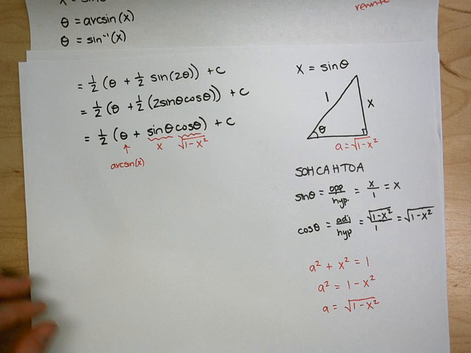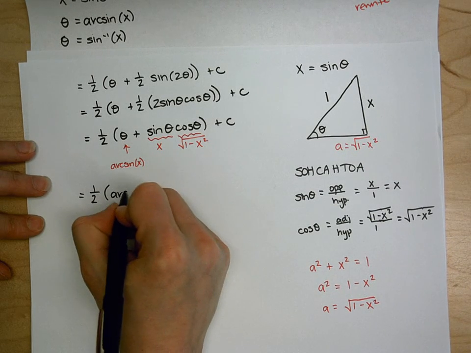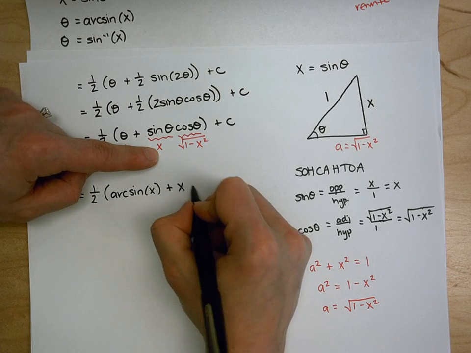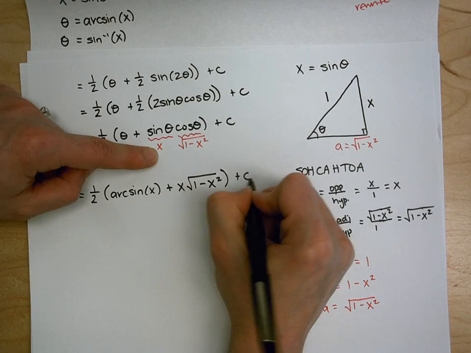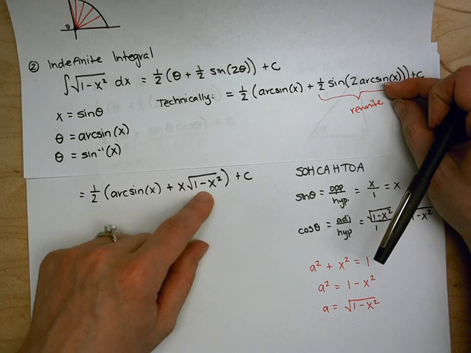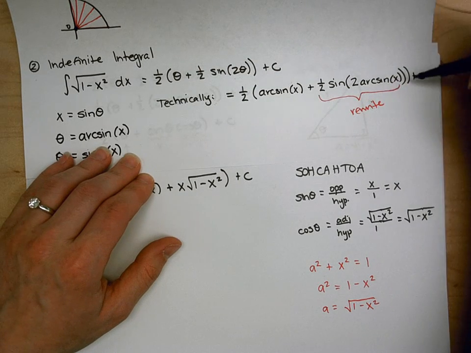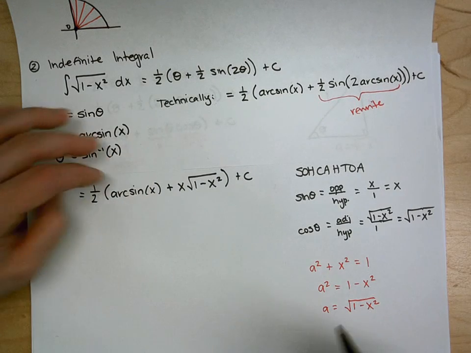Okay, so finally we can get our answer here: arc sine x plus x root 1 minus x squared plus my constant. I think you'd agree that this is slightly easier to look at and compute than this one is. Here, if I wanted to plug something in, I'd have to take the arc sine, double it, and then take the sine of it. It's just slightly more work.